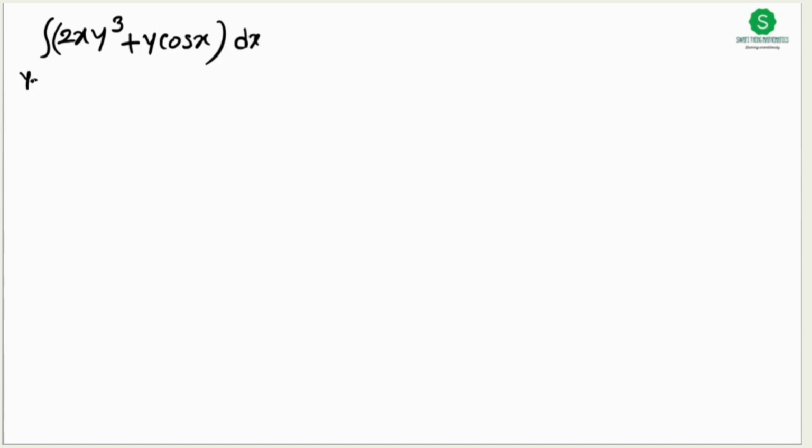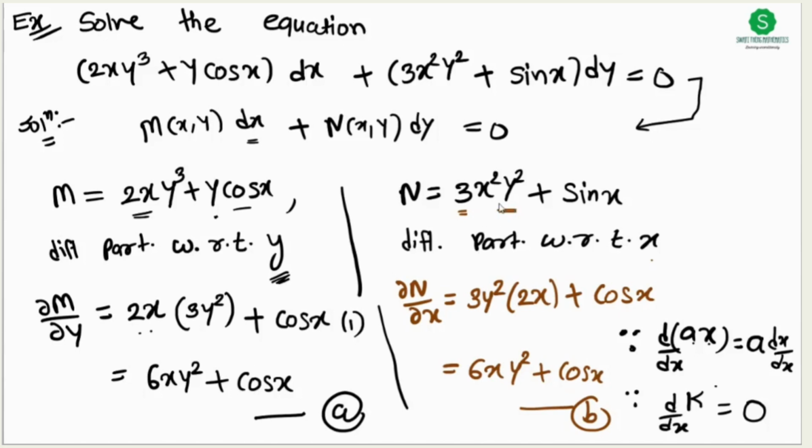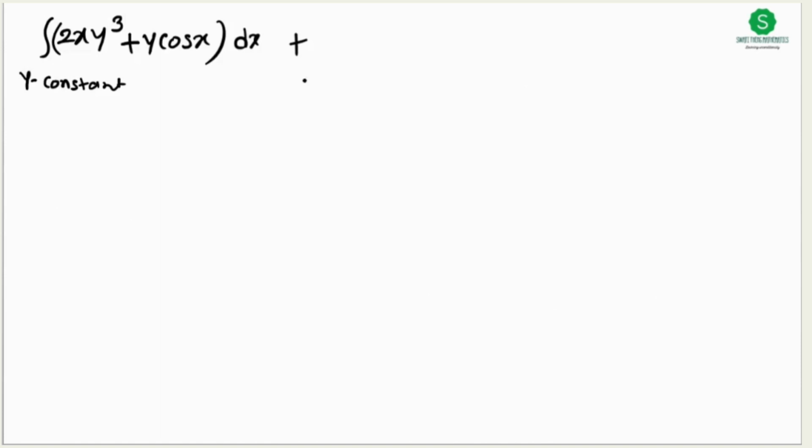Here y is constant. Next, from n we have to take the term without x. See, here n contains two terms. The first term contains x and the second term also contains x. So there is no term without x. So here the second integration contains 0 dy equal to the integrating constant c.